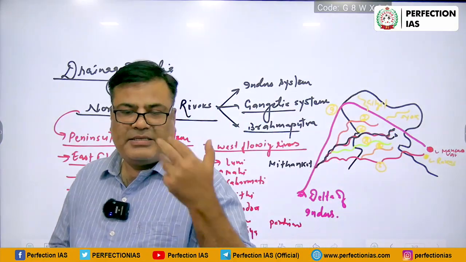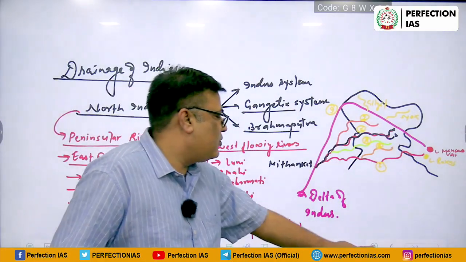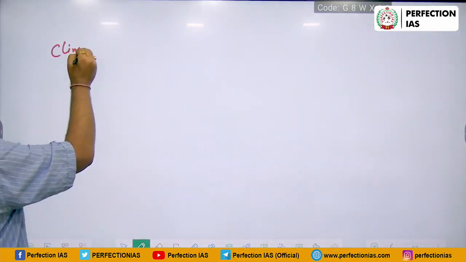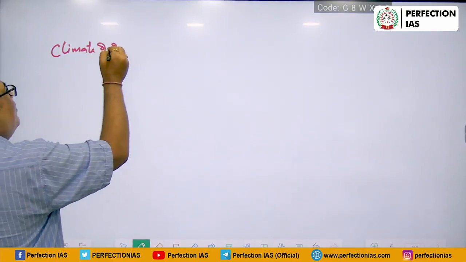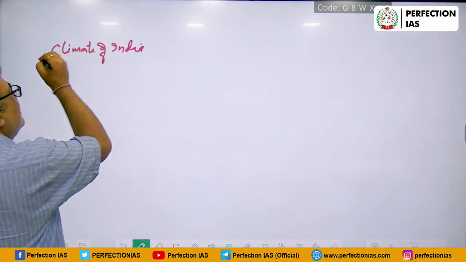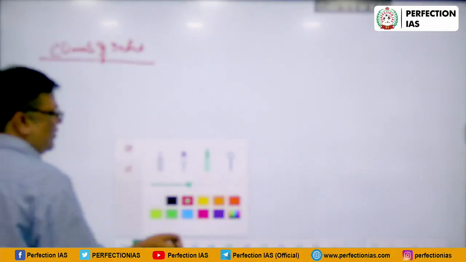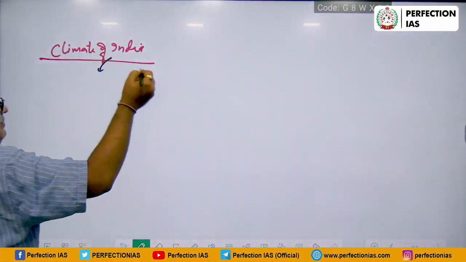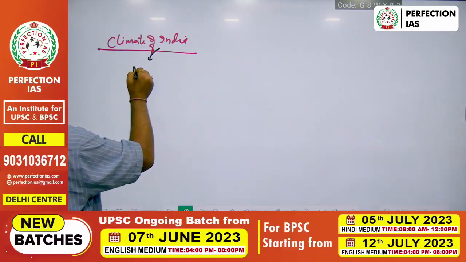All right. अब इसके बाद से हम आते हैं, that is called the climate of India. When we talk about the climate of India, we can start after simple temperature and rainfall, then talk about the monsoon.